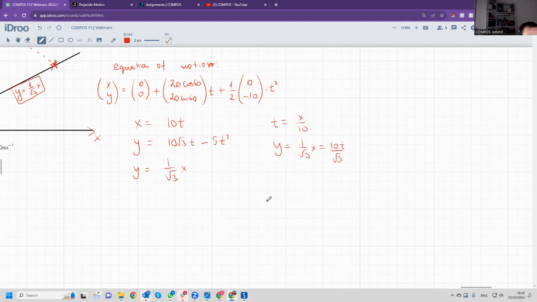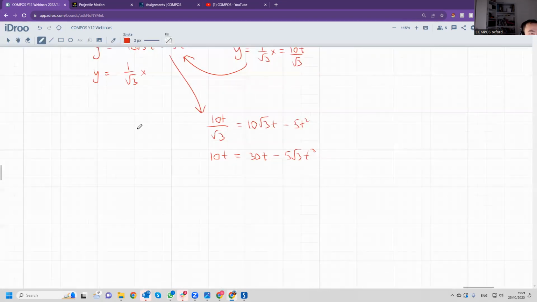So we put this into here, and what do we get? 10t divided by square root of 3 is equal to 10 square root of 3 t minus 5t squared. Multiplied by square root of 3, so 10t equals 30t minus 5 square root of 3 t squared. So 20t is equal to 5 square root of 3 t squared.